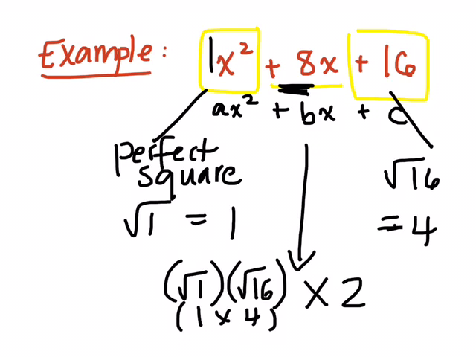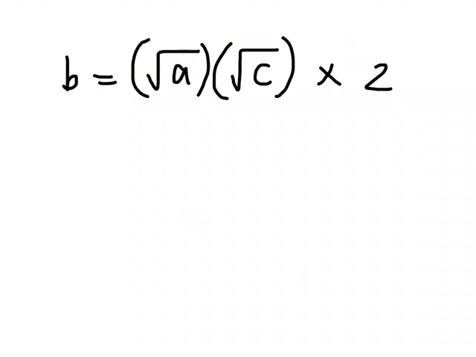What's 4 times 2? 8. That will give you b, okay? So to find b, we take the square root of a, the coefficient of x squared, multiply by the square root of c, the constant term, and multiply it by 2.